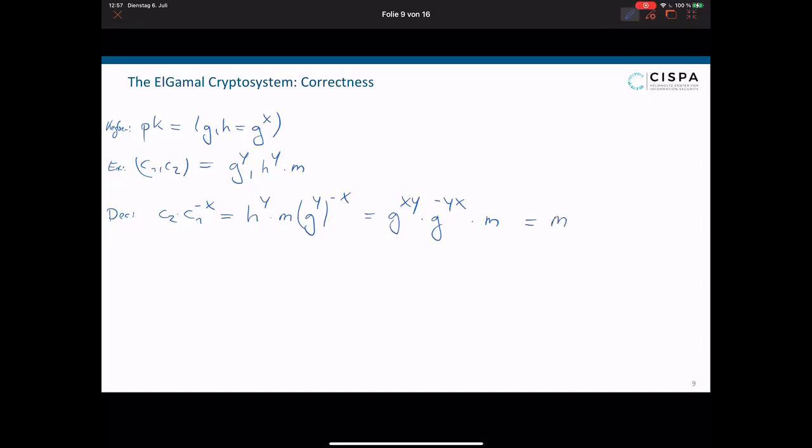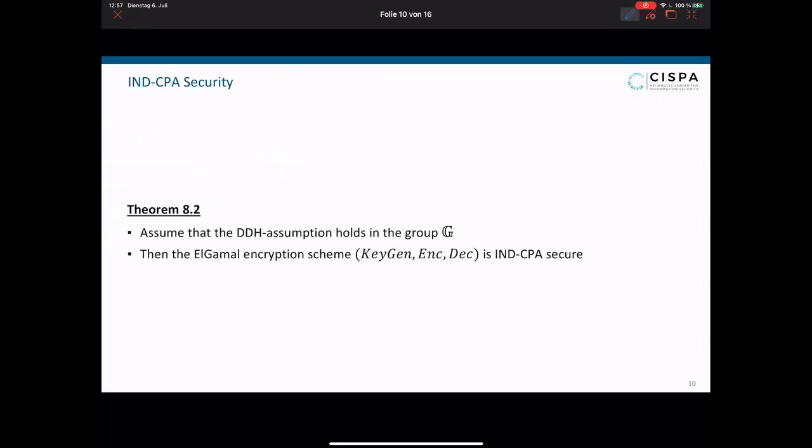We just get M. Great. That's correctness of the ElGamal encryption scheme, but we also want security.